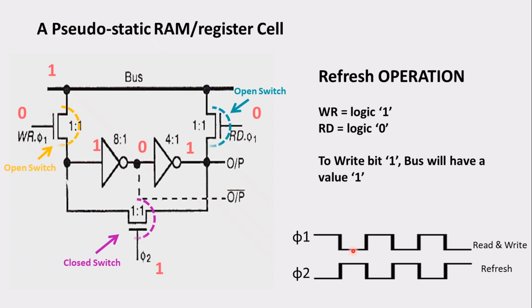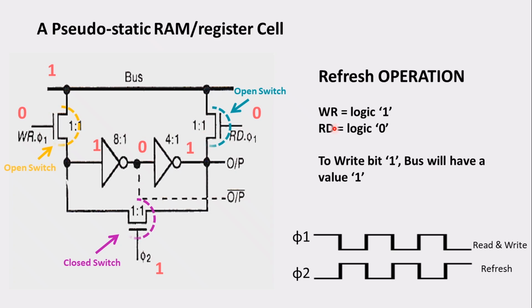So when in the next half cycle phi 1 has become 0, 0 into 1 is going to be 0 again. So here you can observe this particular region, where phi 2 has become 1.